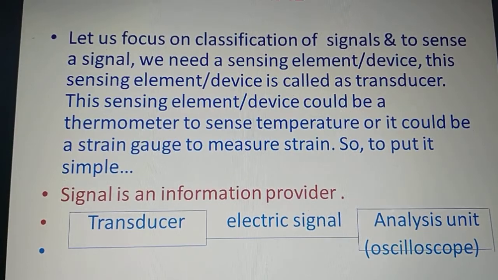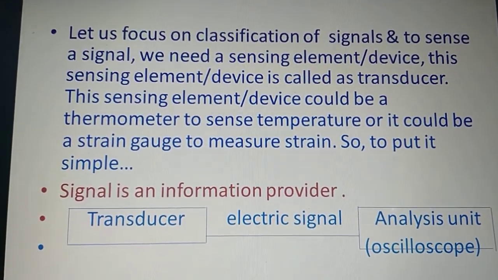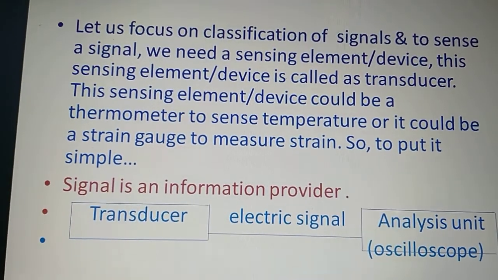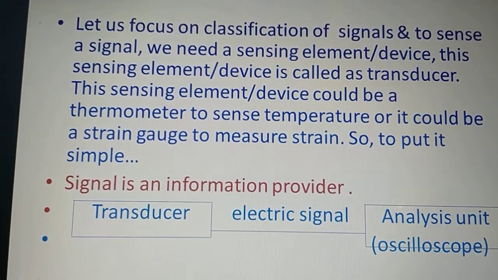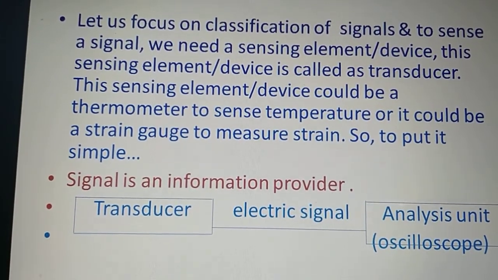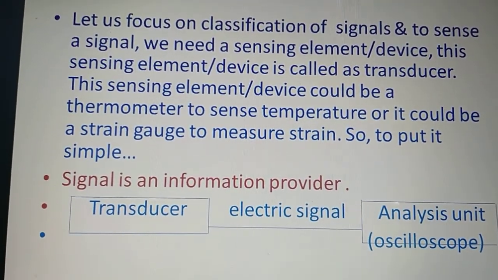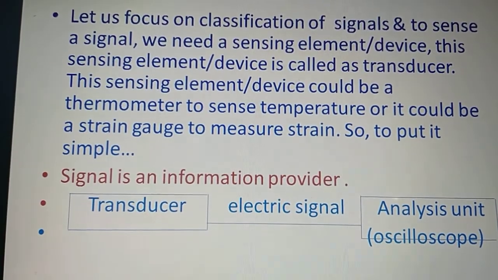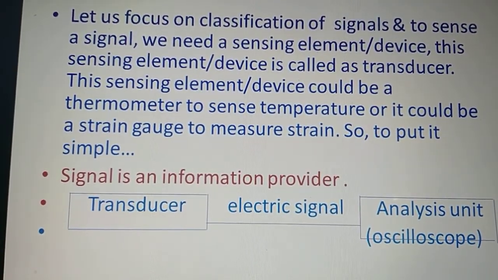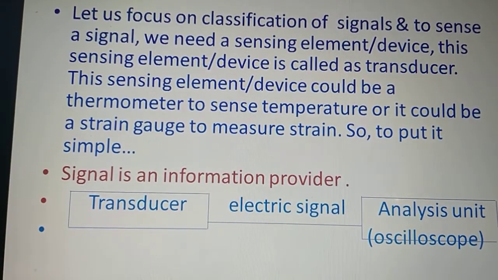So we can simply put, a signal is an information provider, and if you give a signal to your transducer, it is a sensing element or device which senses the signal and passes that electrical signal to an analysis unit.